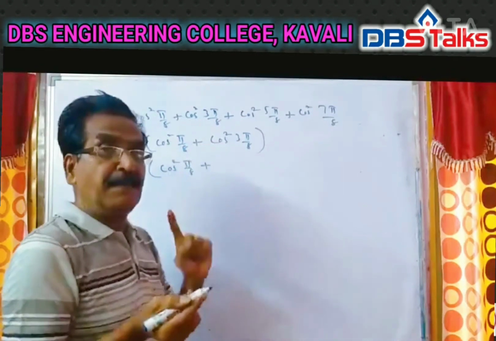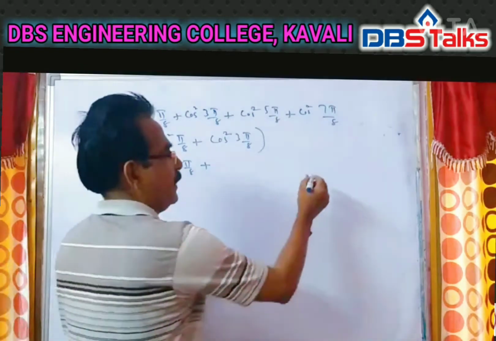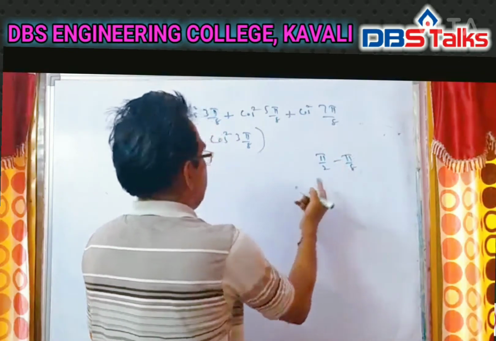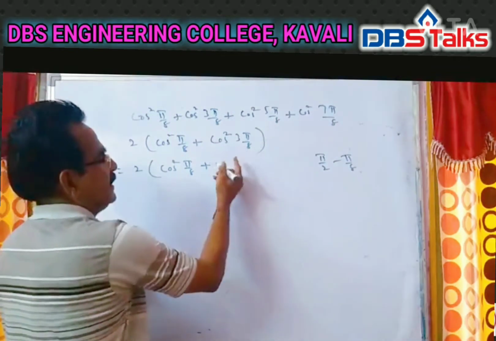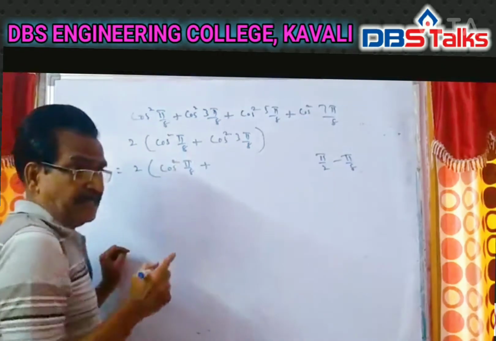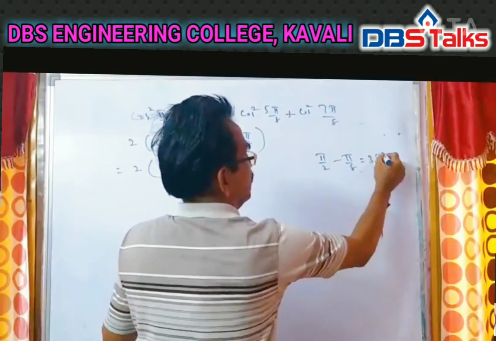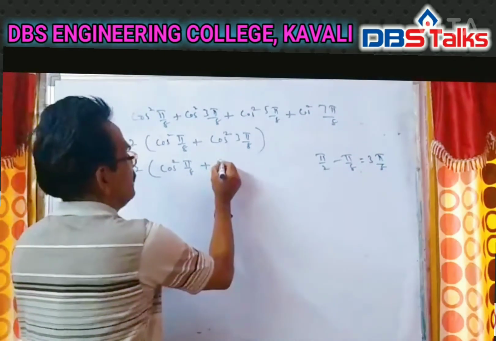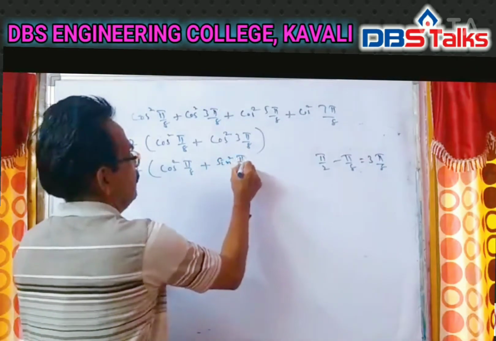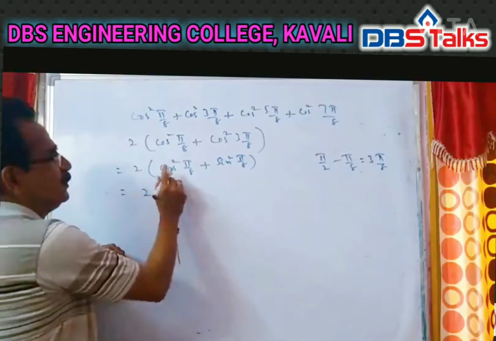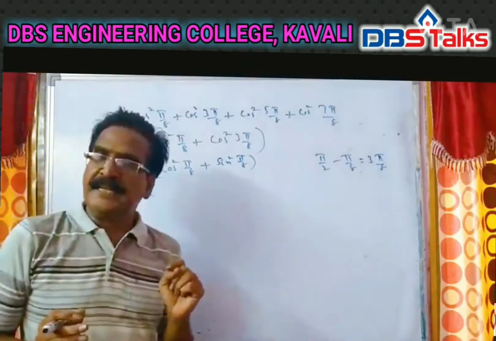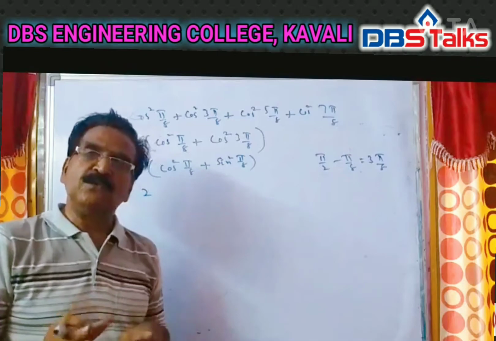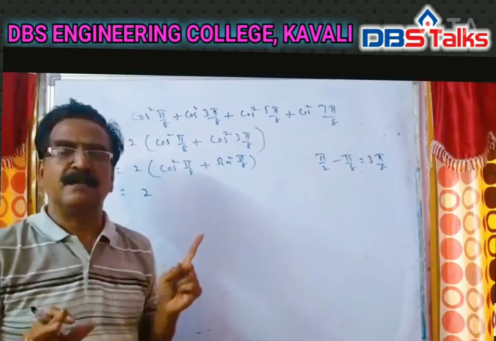So this becomes sin square pi by 8. So this is equal to 2 into 1, which is 2. So in case of sin, the answer is 2. In case of cosine, also the answer is 2.